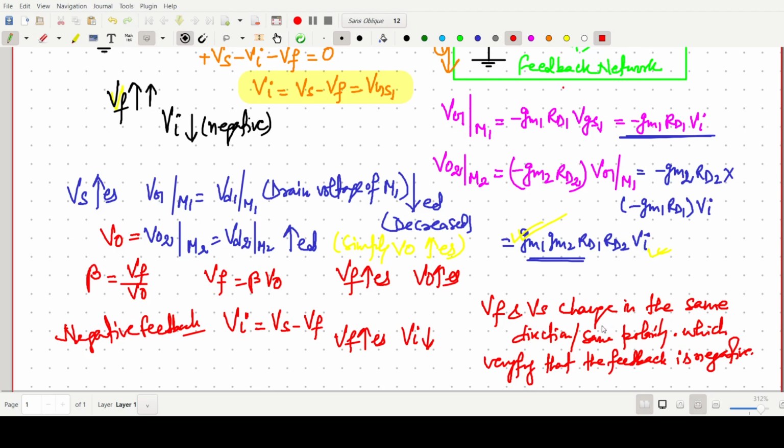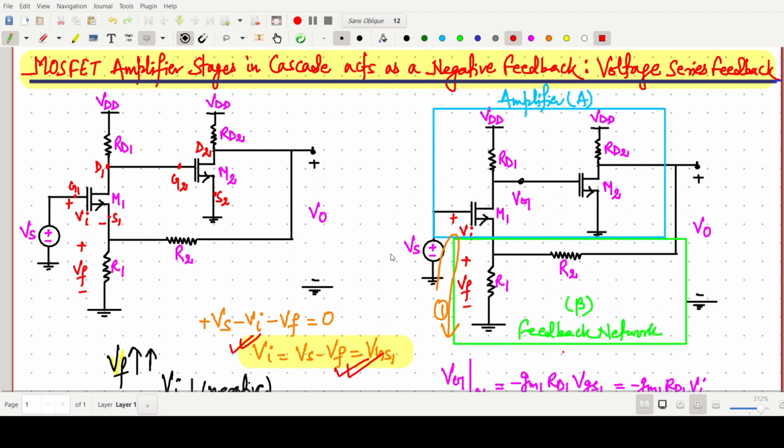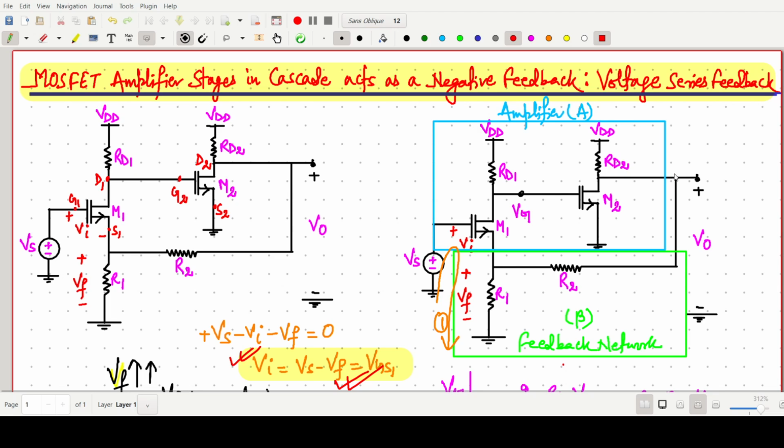Vi equals Vs minus Vf, and this output V naught is fed back. For the AC analysis, the gain will be minus gm1 rd1 Vi, then this is the input to M2 with gm2 rd2, and beta will be Vf by V naught, so Vf equals beta V naught.